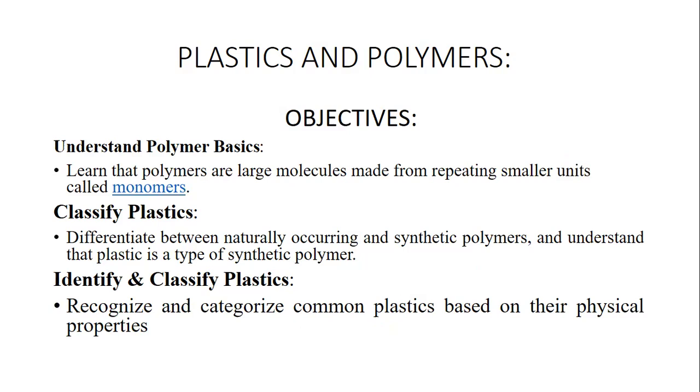Students will understand the molecular chain bonds of the polymers and their basic structures. Next, classifying the various types of plastics. Finally, identifying and classifying plastics according to common physical properties and areas of usage. These are the learning objectives of today's session.